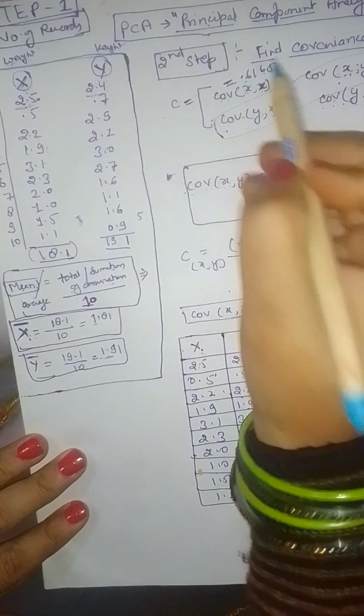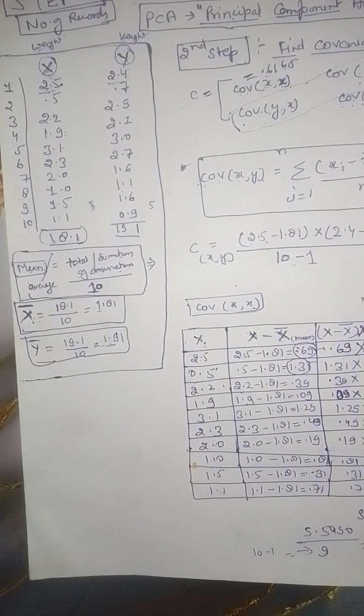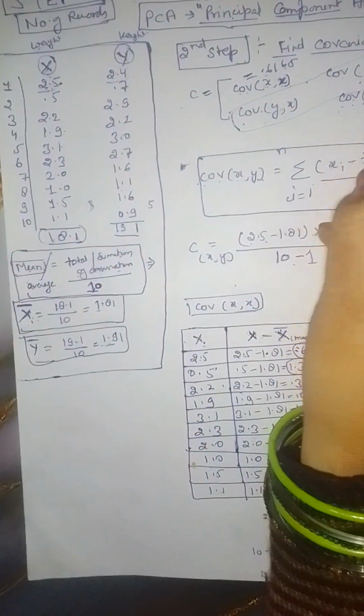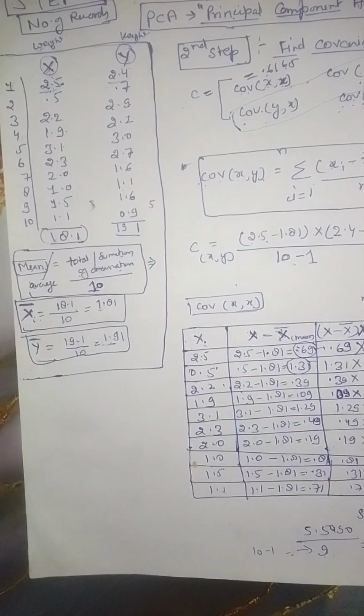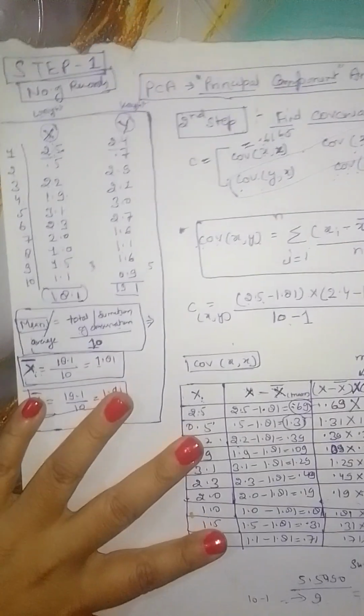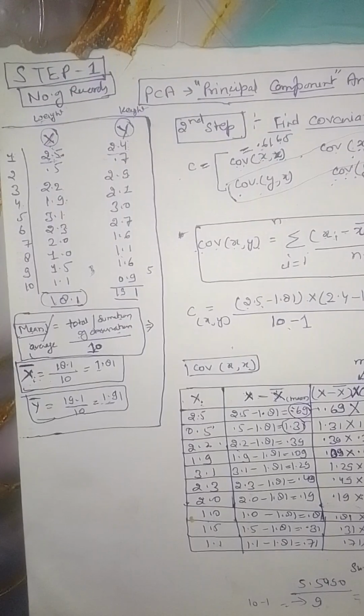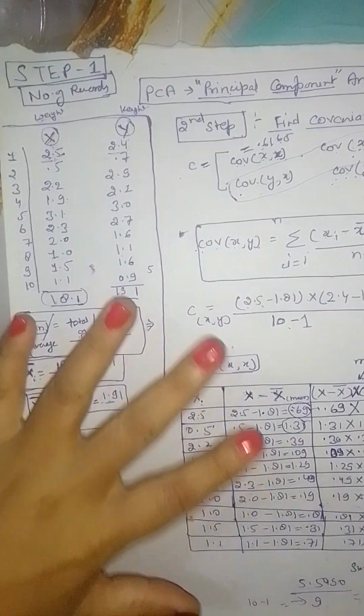Now in my next video I'll calculate the covariance of yy. Our second step is going on. So this is the principal component analysis we are calculating, and it's a bit lengthy to understand.